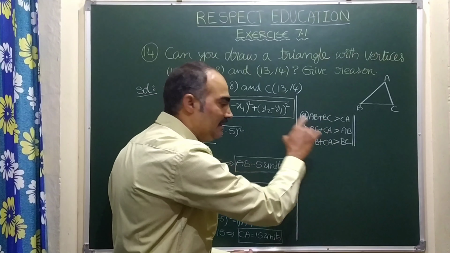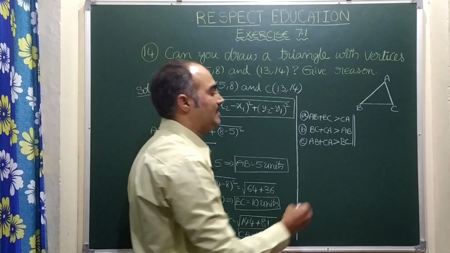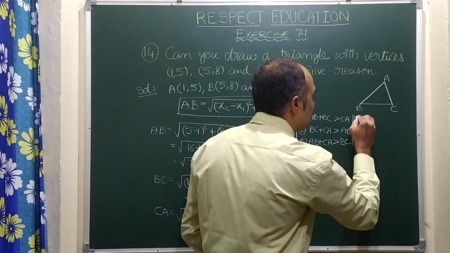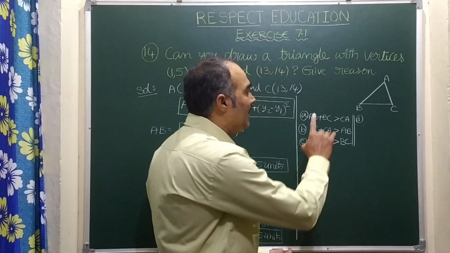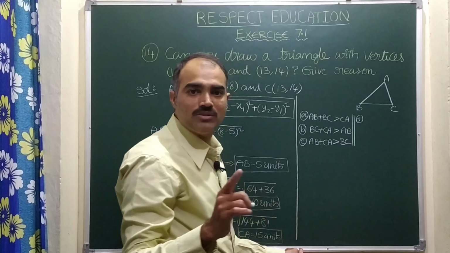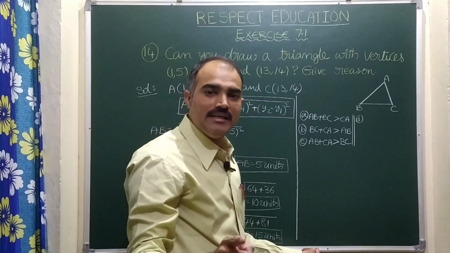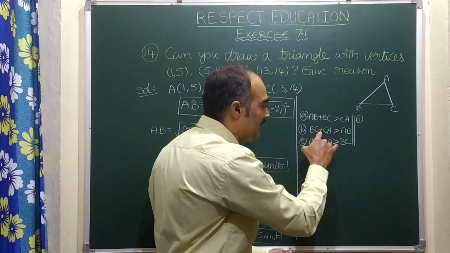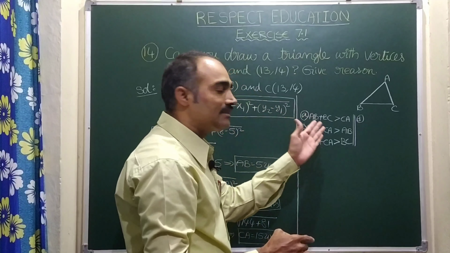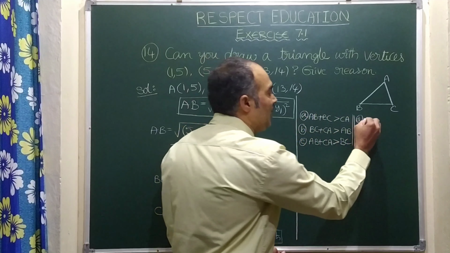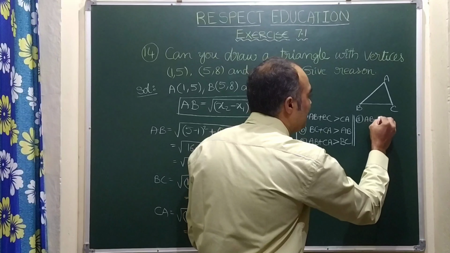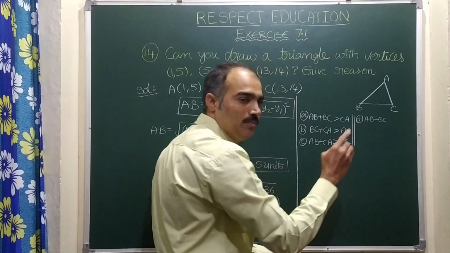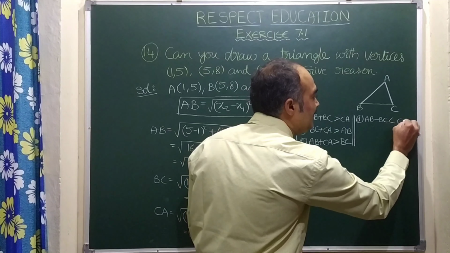These are the 3 cases, and there are 3 more cases, let us take them as the difference of any 2 sides should be strictly smaller than the third side. So here in place of addition, let us take subtraction. AB minus BC should be less than CA.